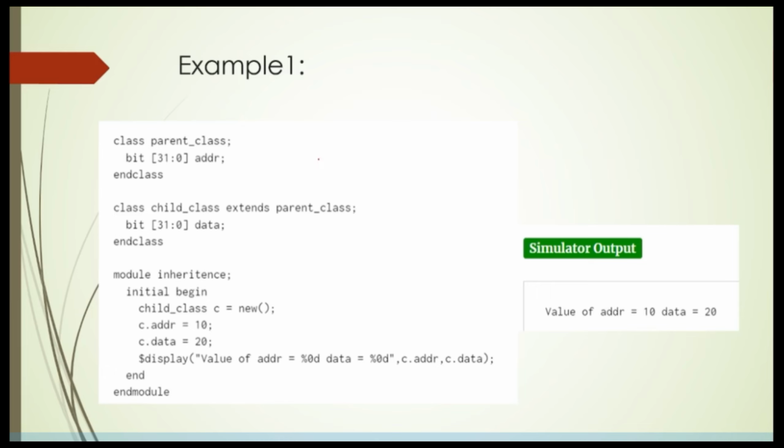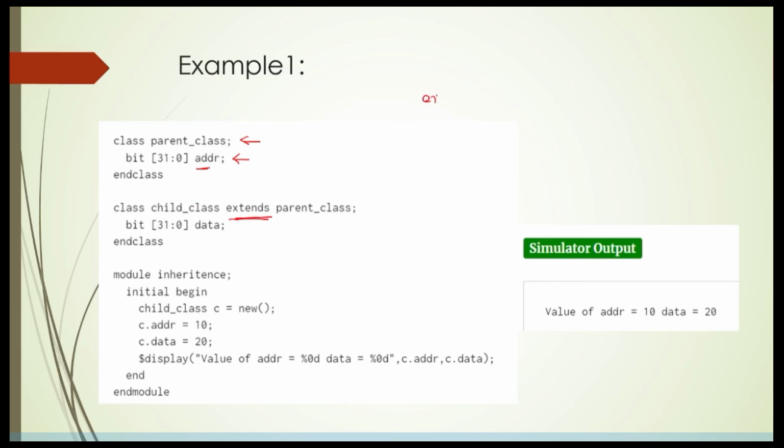So let us see one example here so that it will be easily understood for you. Now here, if you see, class parent class. This is my class, and here I have one property ADDR, right? Now when it comes to inheritance, as I told you, you will be building on the parent class. This is the syntax for that, extends.